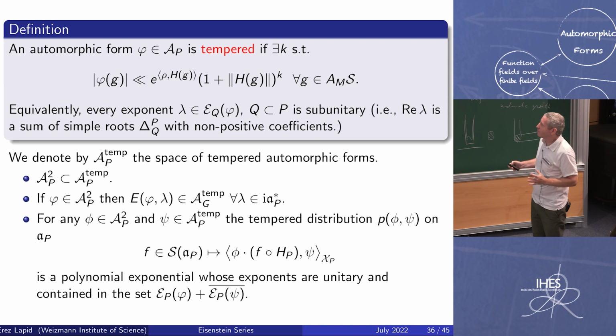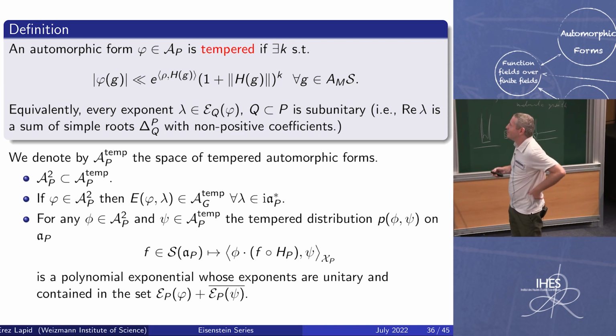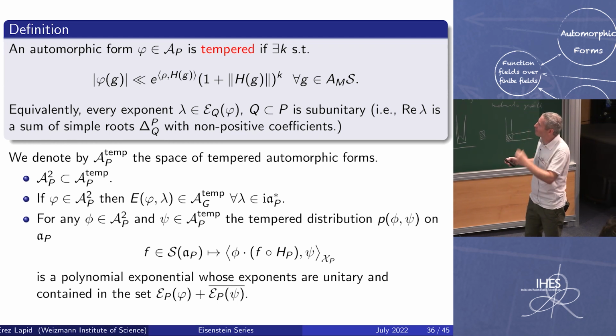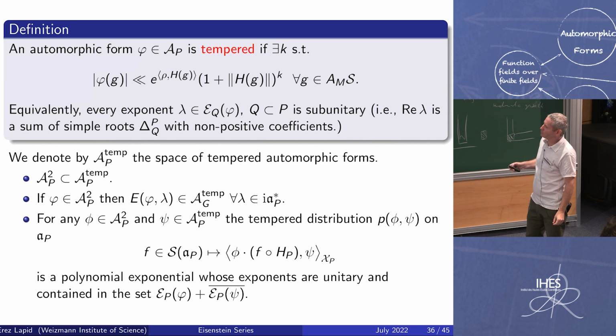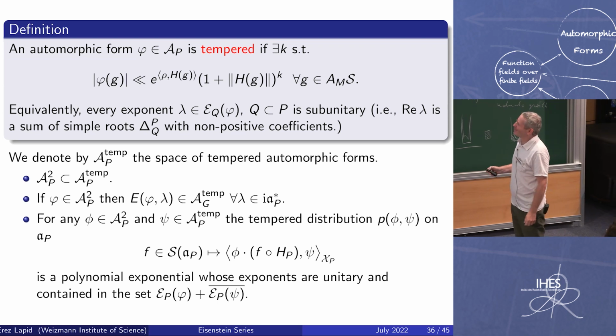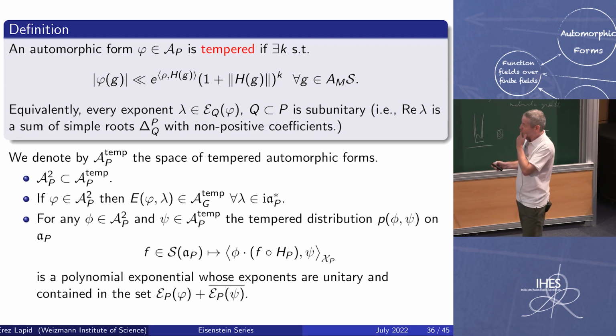Now comes this gadget, which I don't have a good way to explain very briefly. It's not complicated, but it just needs some thinking. I have this tempered distribution on A_P. Fortunately, this notation was introduced, thanks to Olivier for doing that. I have a very simple distribution, which is in fact a polynomial exponential.